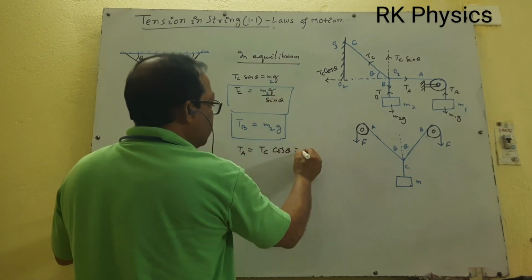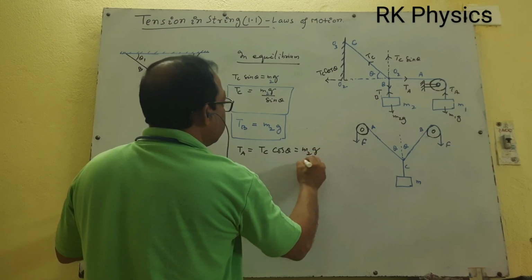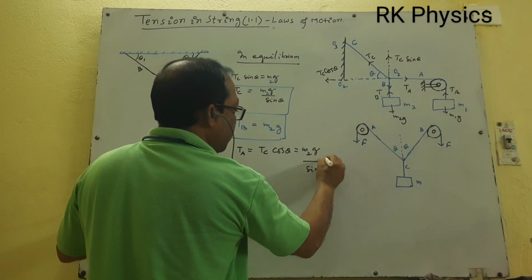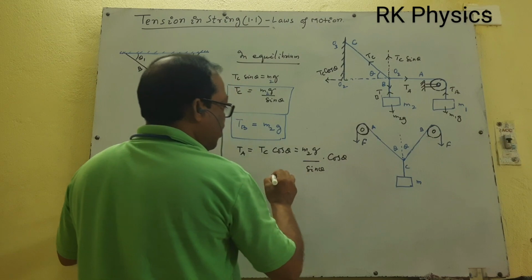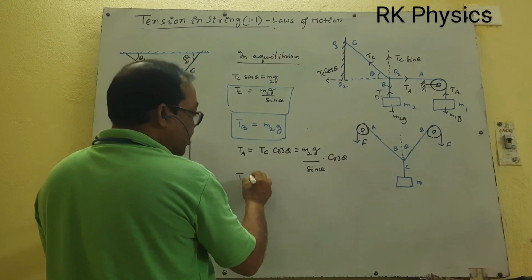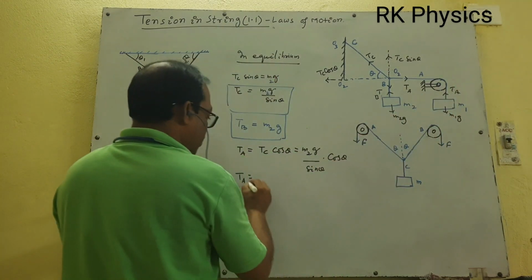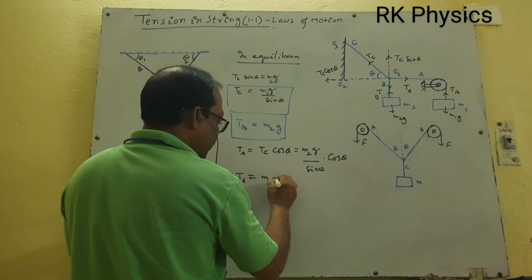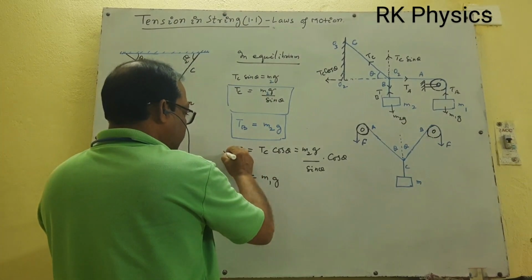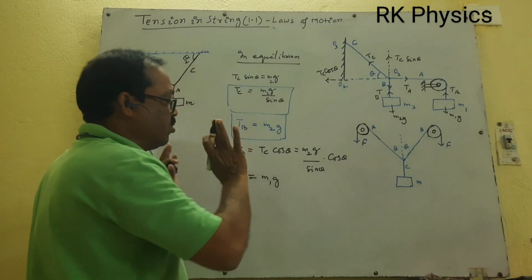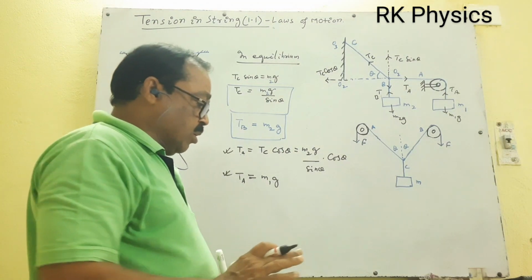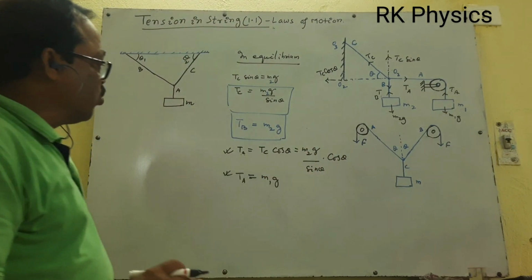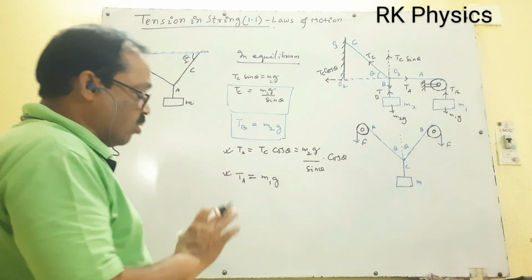So what is TC? This is M2G divided by sin theta into cos theta. On the other hand, you can write TA by taking this equation, this equal to M1G. So you take TA either this or that. Now this is your entire set of equations, symbolically.